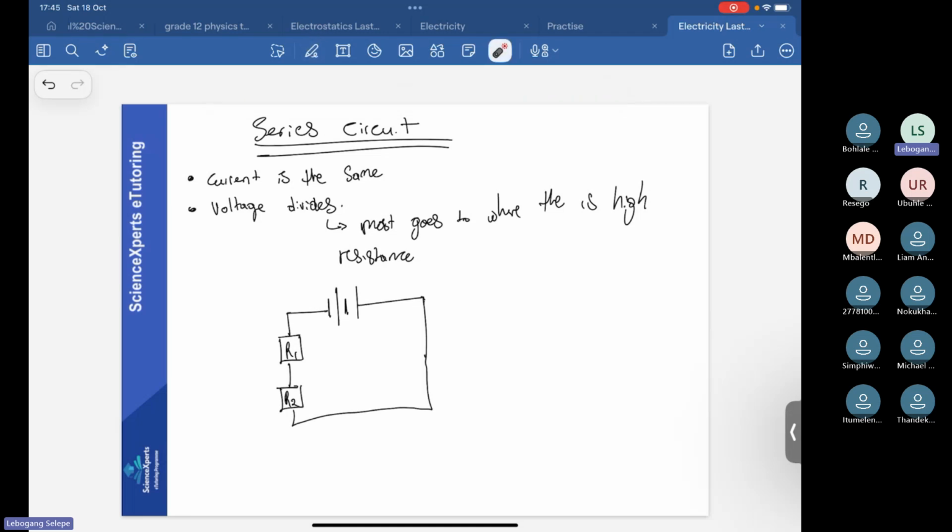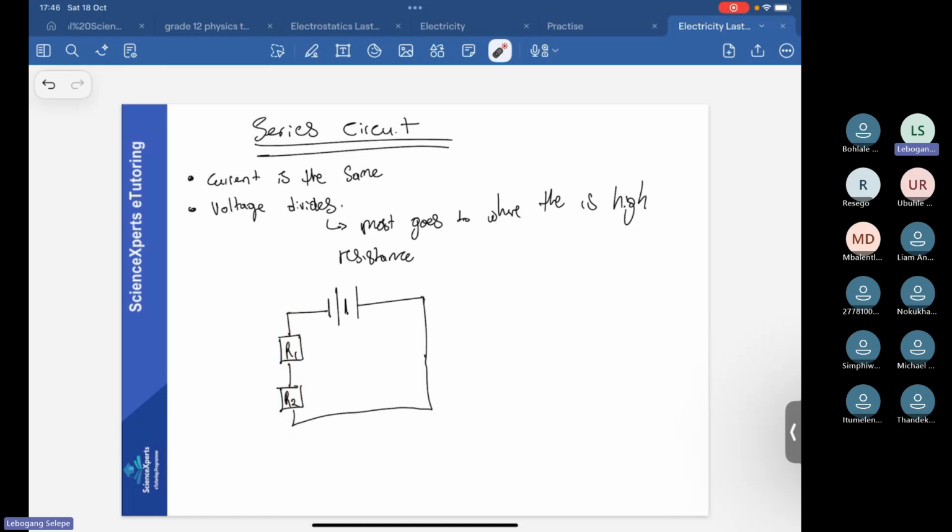So there's only one path for current to flow, to get from one terminal to the other, and also from resistor R1 to resistor R2.